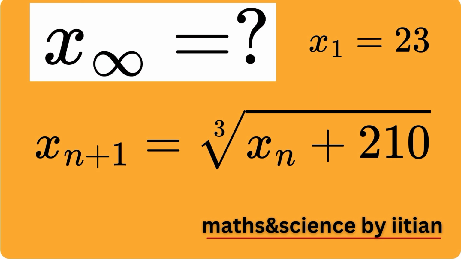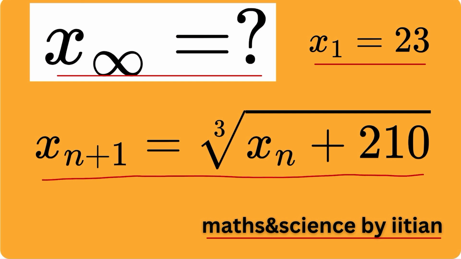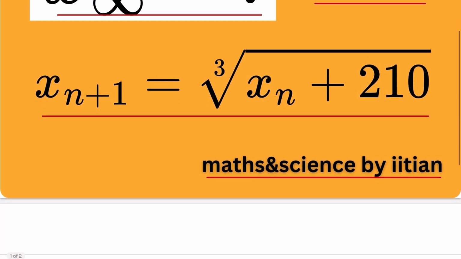What is the value of x infinity in the series when the initial value x1 is 23 and the middle values are given for any n by x(n+1) equals cube root of (xn plus 210)? This is the question. It's a very interesting and excellent question. Let us try to solve it.